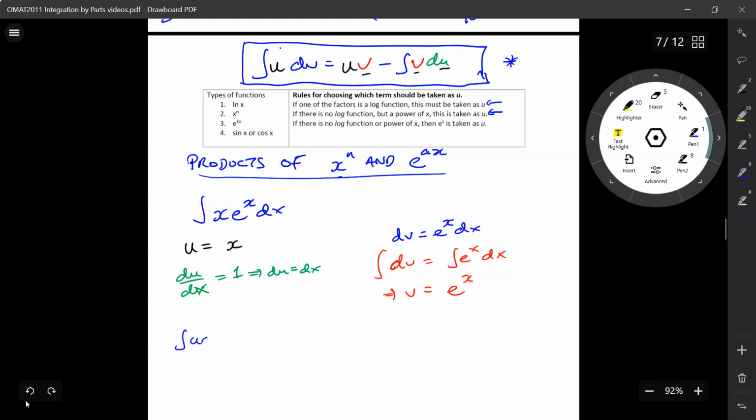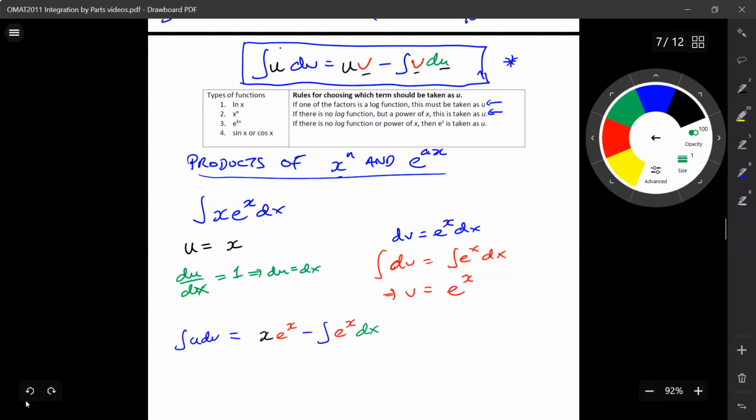Our formula says the integral of u dv is equal to u times v, which is x times exponential x, minus the integral of v du. v is exponential x and du is equal to dx. So once again, this is uv minus the integral of v du.